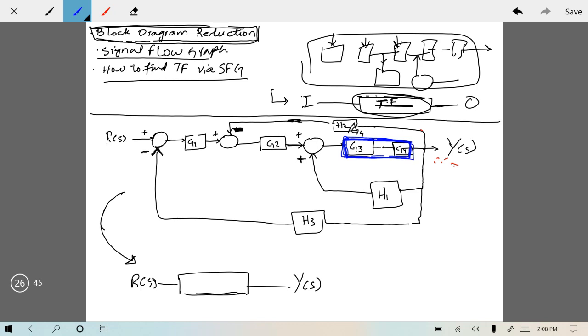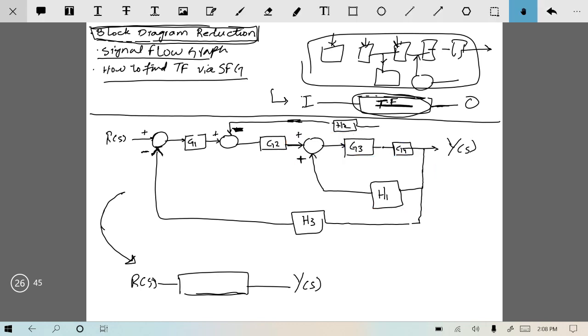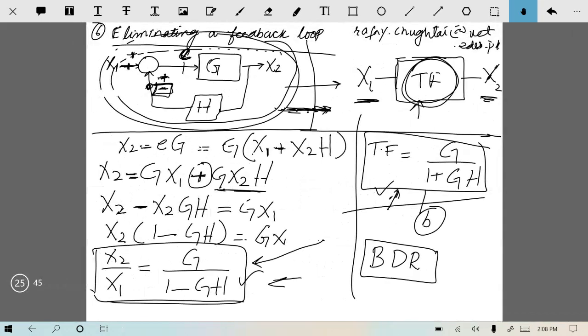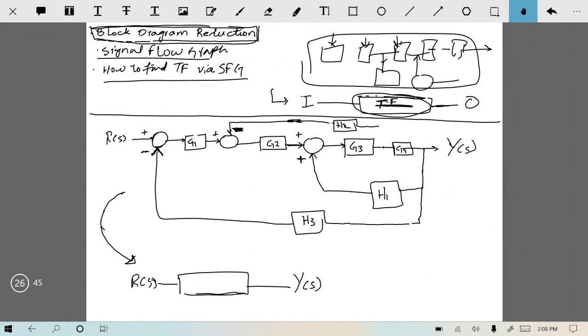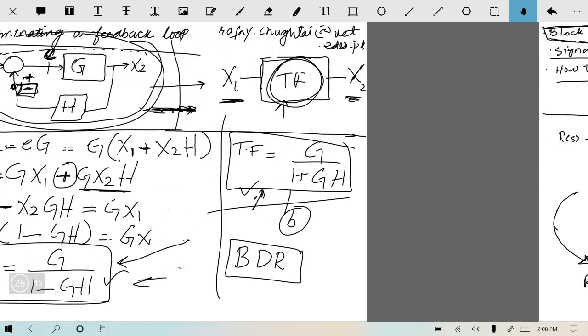Now if you visualize this complete loop as a feedback path, we can convert this complete loop using our technique. Is this a positive or negative feedback? This is a positive feedback loop.